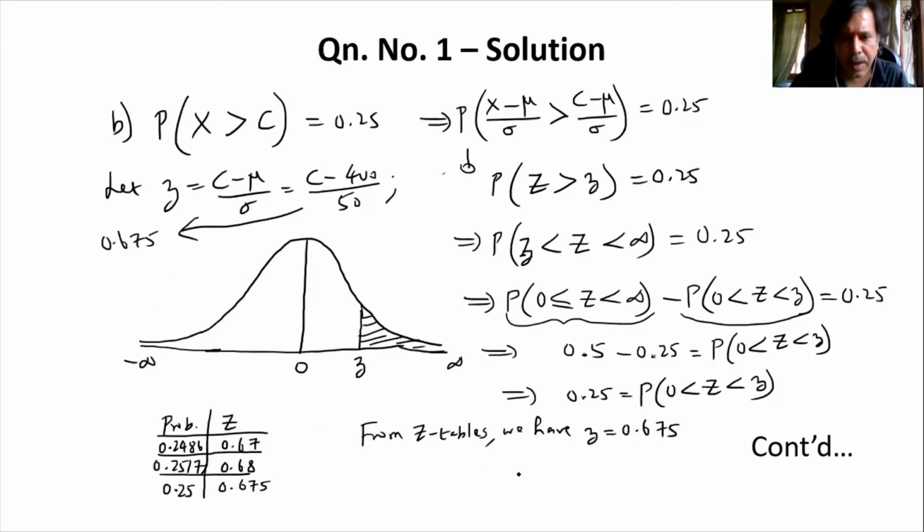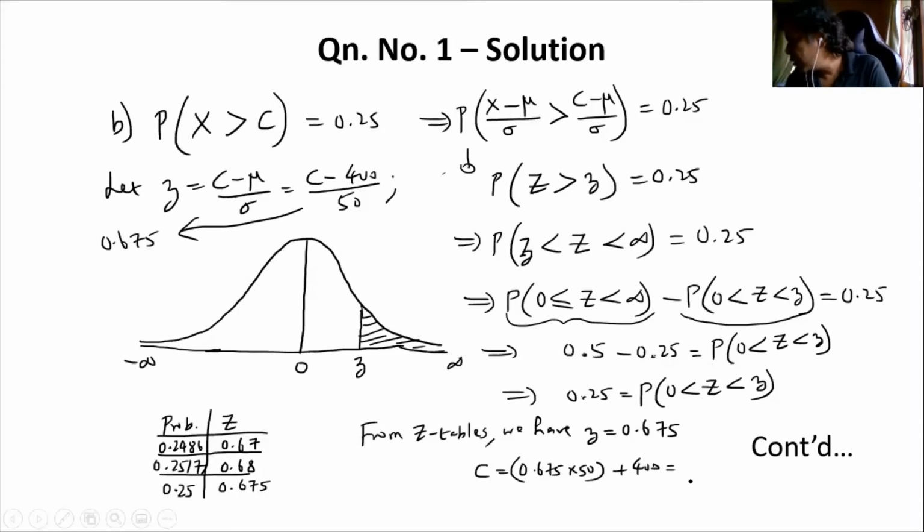So now what will be C then? C will be 0.675 into 50, multiply that, and then add 400. So we need to do that. How much do we get? 0.675 multiplied by 50, to the result I add 400.